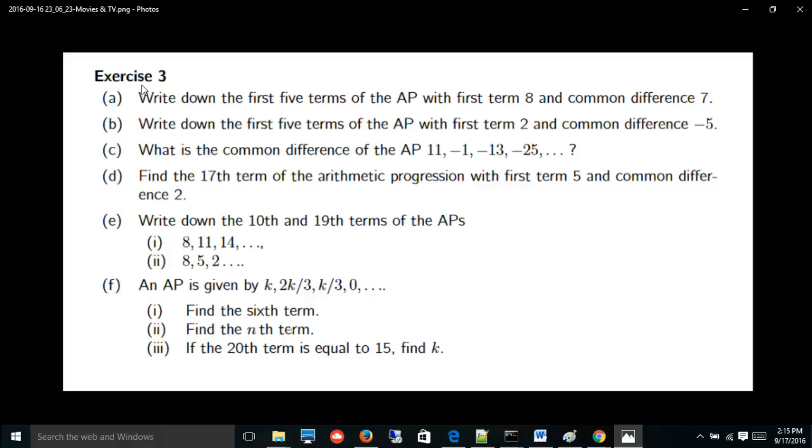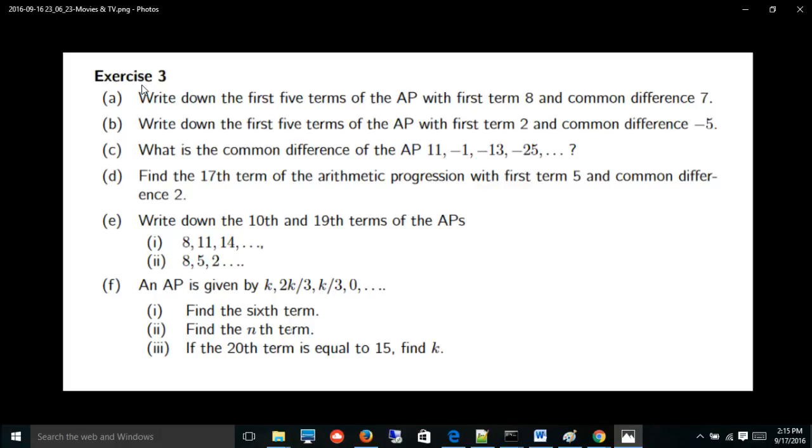What is question A saying? Question A says: write down the first 5 terms of the AP with first term 8 and common difference 7. As I already explained, first of all we have to read the question carefully and understand what is given and what it is expecting.